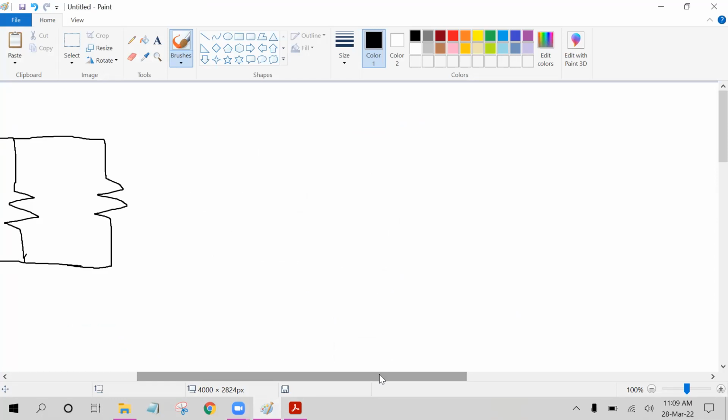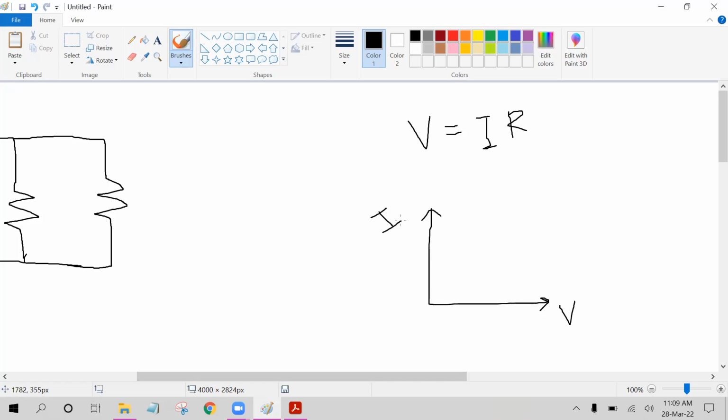Okay, let me give you a simple example. We know the voltage and current relationship of a resistor, right? What is the relationship? V equals to IR. So if we plot this relationship, the voltage versus current relationship across a resistor, then what should the graph look like?